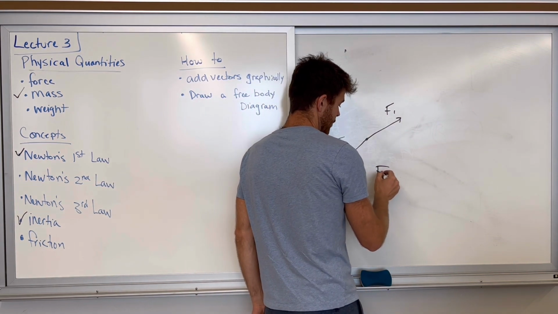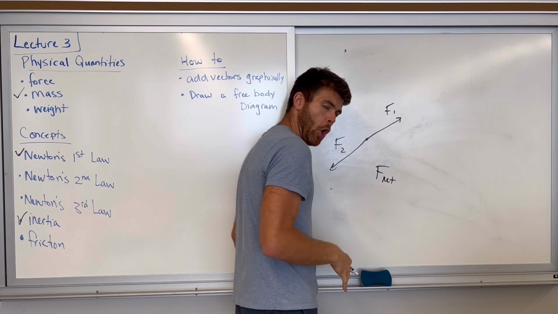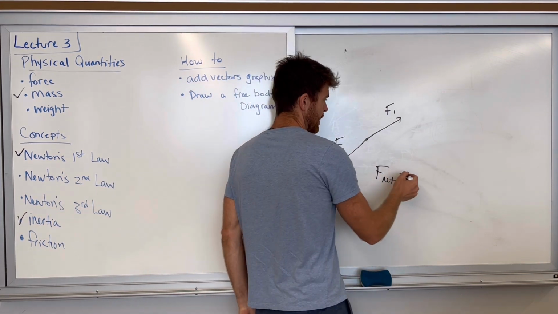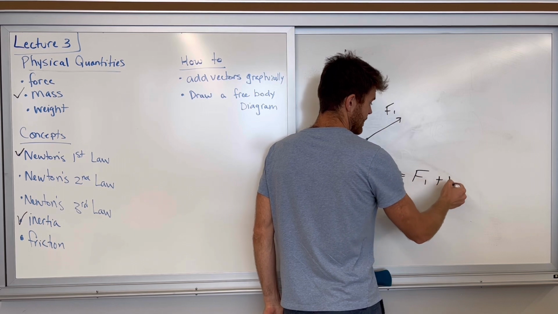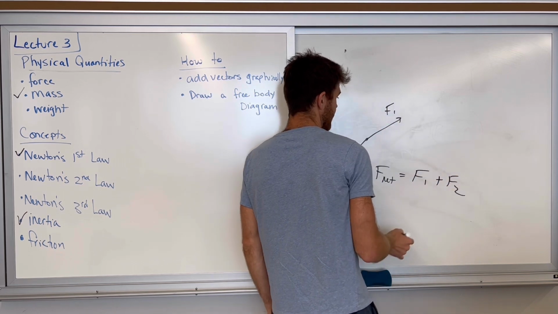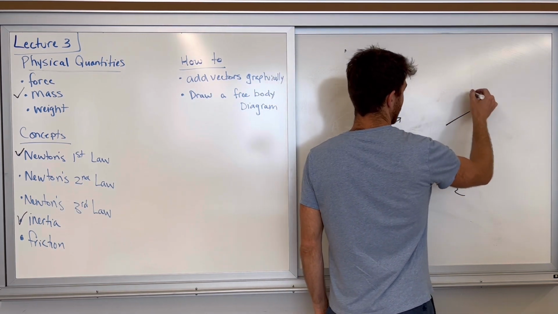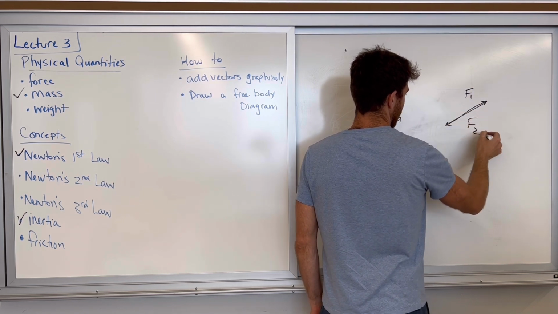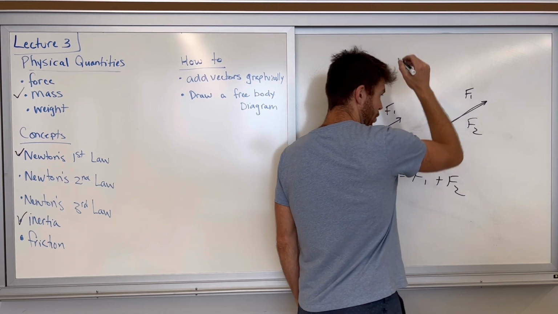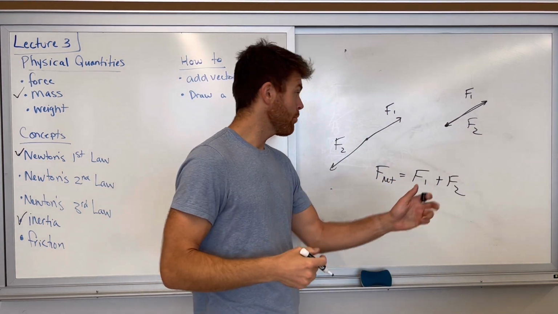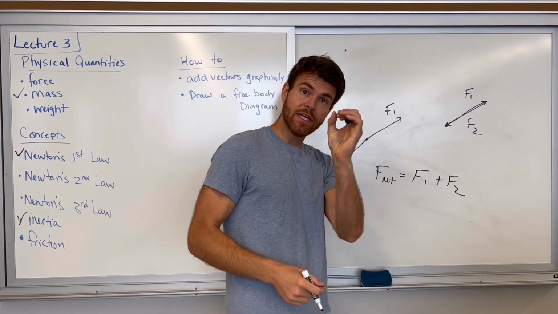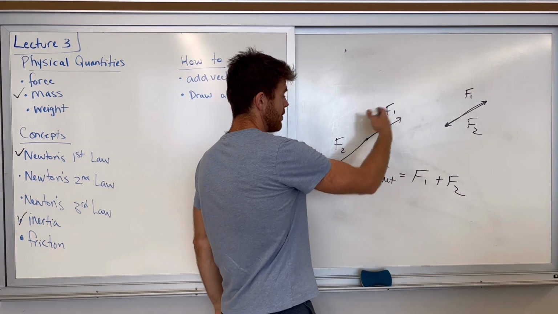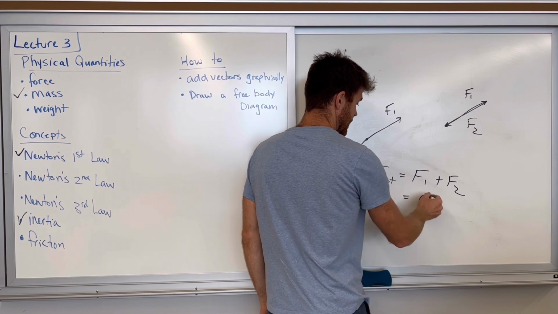Then we say the net force, the total force that's acting on the object, is equal to F1 plus F2. And so if we add them, we get back to the same point, right? It comes back to the same point, and that has a magnitude of 0. So they cancel each other out. So these forces are balanced, and it's 0.